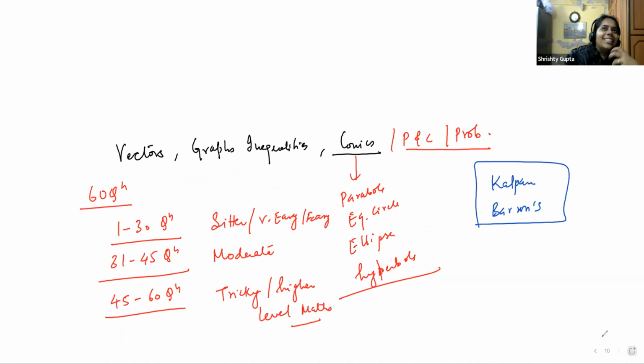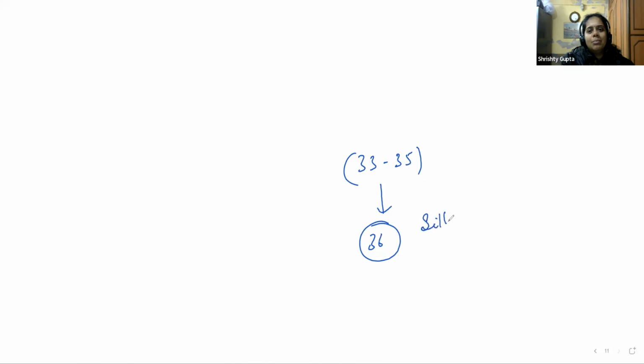With proper knowledge and proper GDC usage, reaching 33 to 35 is easy. But getting a perfect 36 can be done only with the help of proper practice. You should be able to understand where those gaps are, and those gaps have to be completely filled up. Those gaps are mostly created because of silly mistakes.